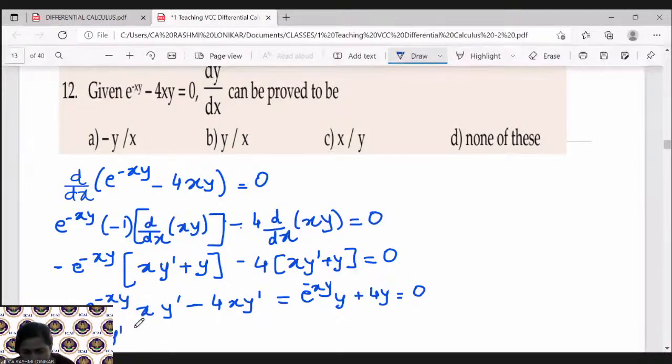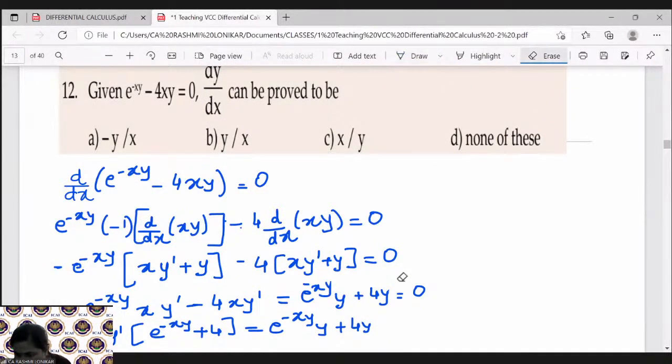So this is y dash into bracket. I will take the minus sign also common. So this is e raised to minus xy plus 4 is equal to e raised to minus xy into y plus 4y. Because this is not equal to 0, I have taken it onto the other side. So I have taken all the terms in y dash together and all the other terms to the right hand side.